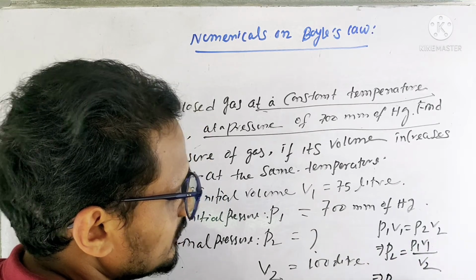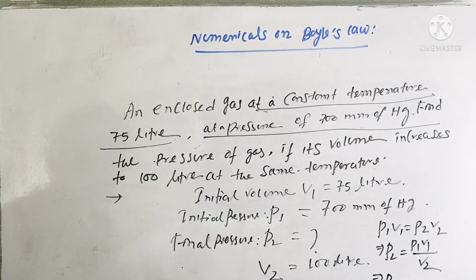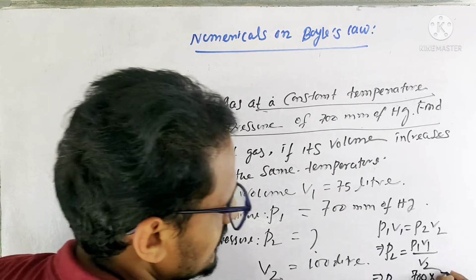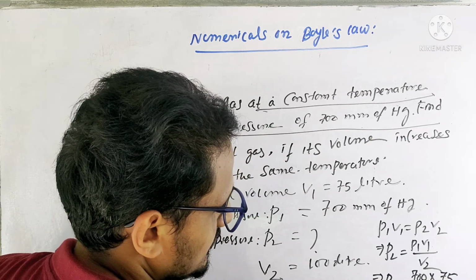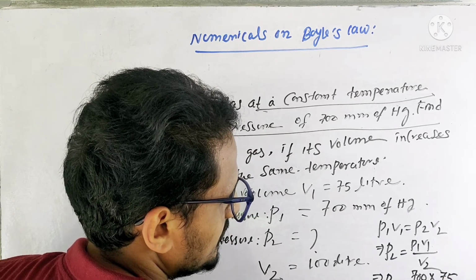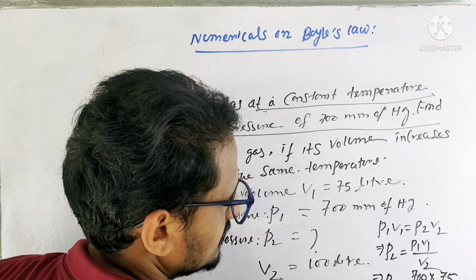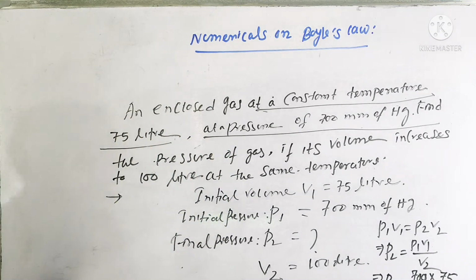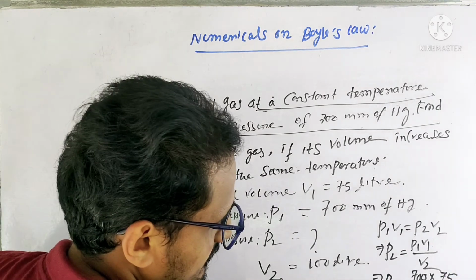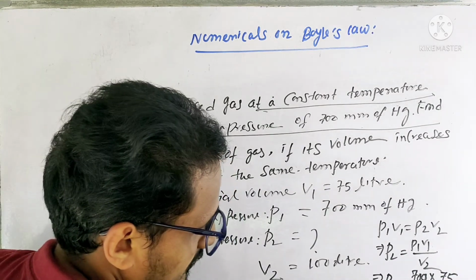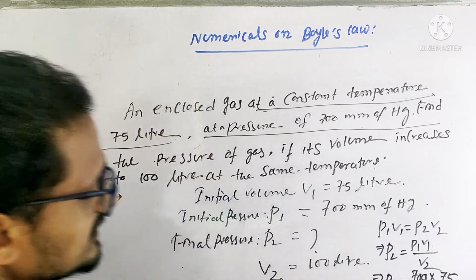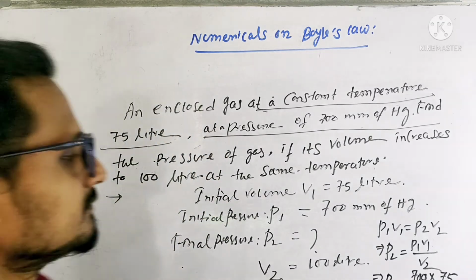P1 is 700, V1 is 75, cancelling zeros, 7 into 75 gives 525 millimeter of mercury. So it is the final pressure.